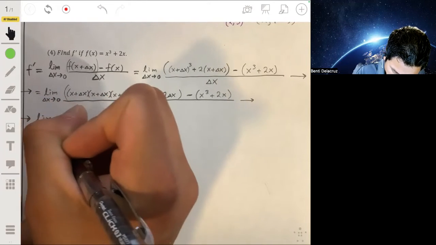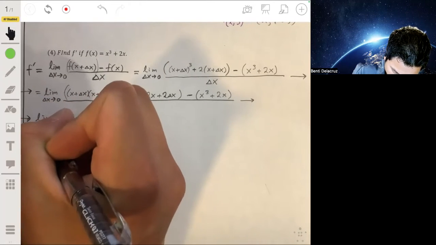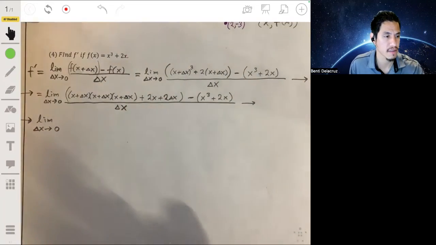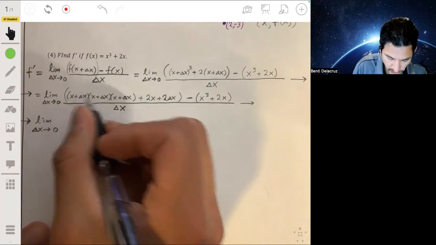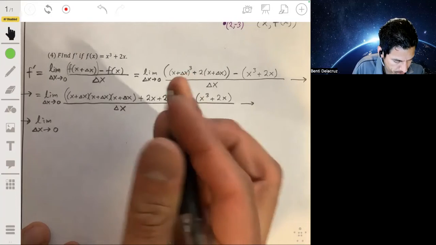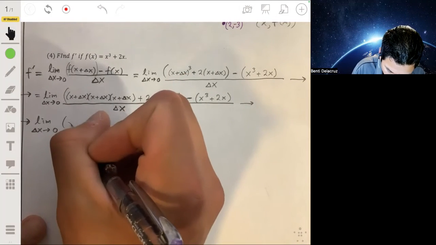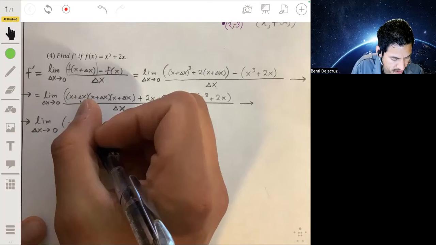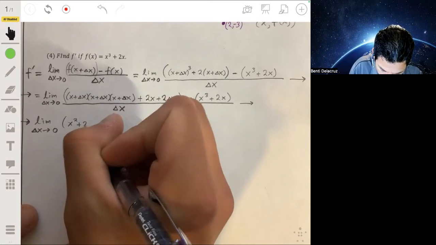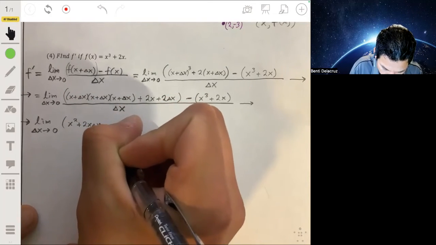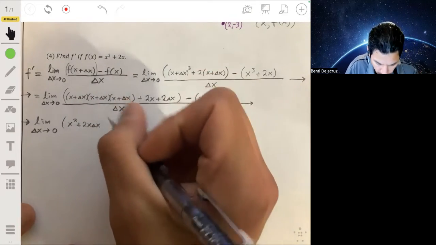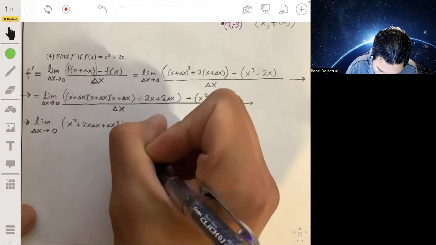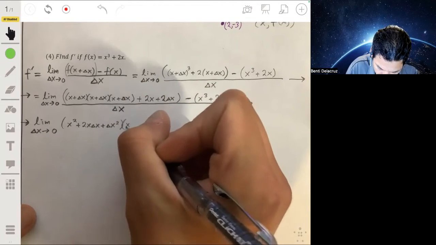And then this is going to be a test of if your algebra skills are down. So, let's tutorial this first group out first. So we're going to have x squared plus 2x delta x plus delta x squared, and that'll be times x plus delta x.